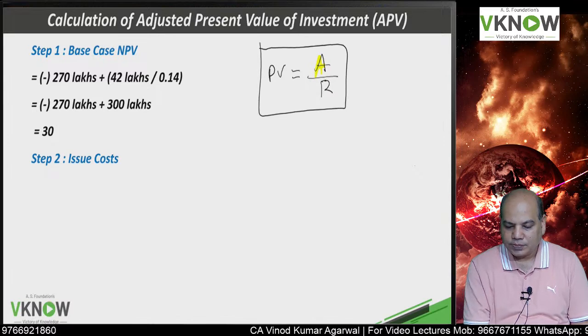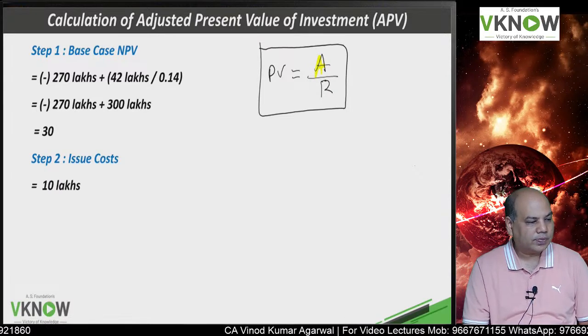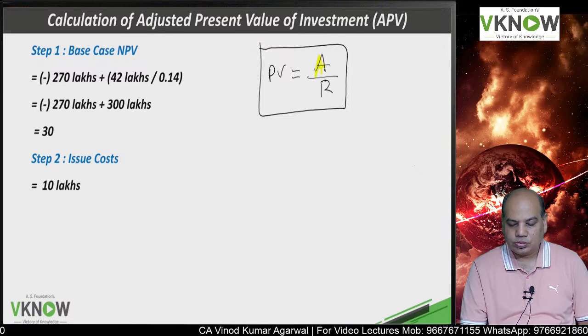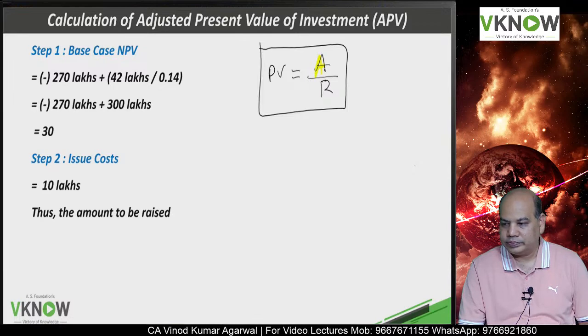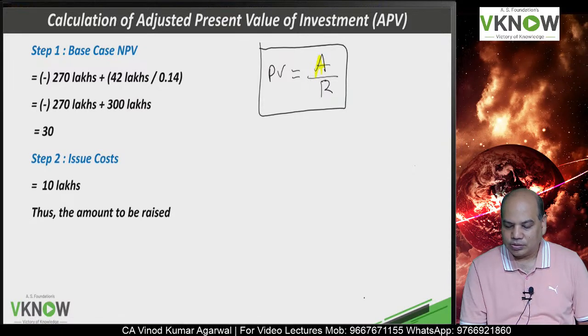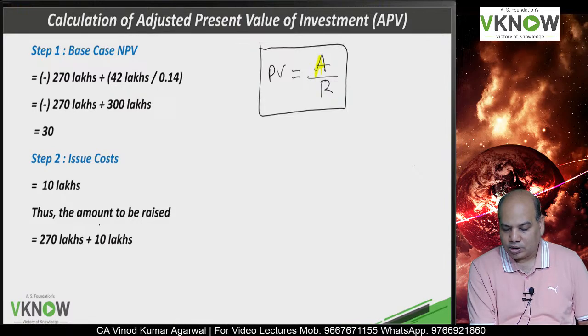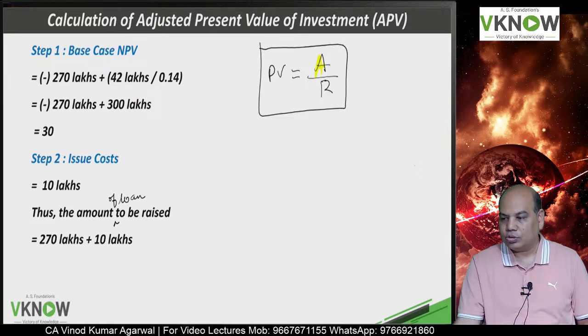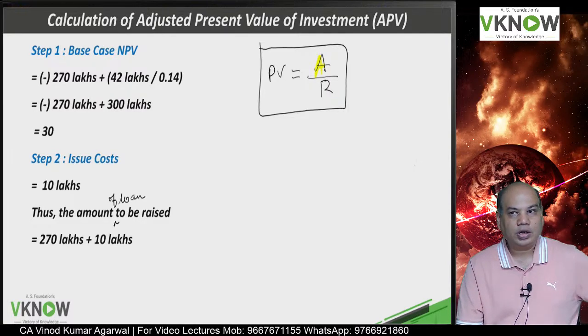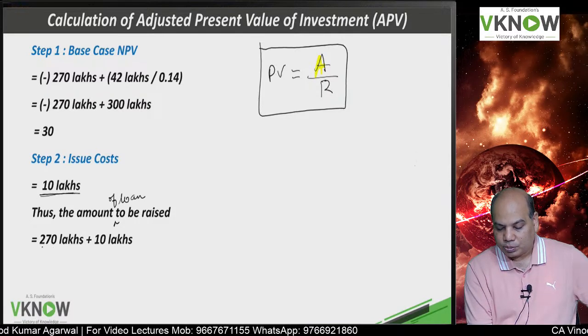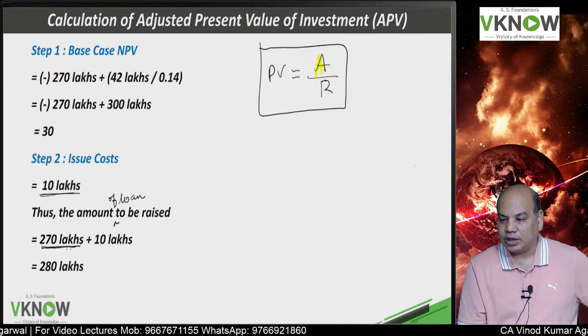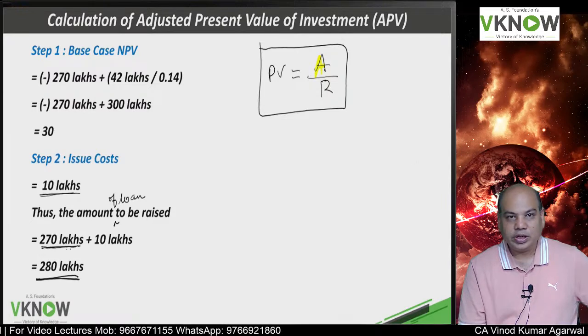Next is step 2, issue cost. Issue cost is 10 lakh. Now write down the amount of loan to be raised: 10 lakh is issue expense, project cost is 270 lakh, so total funds to be raised by issue of debt is 280 lakh.